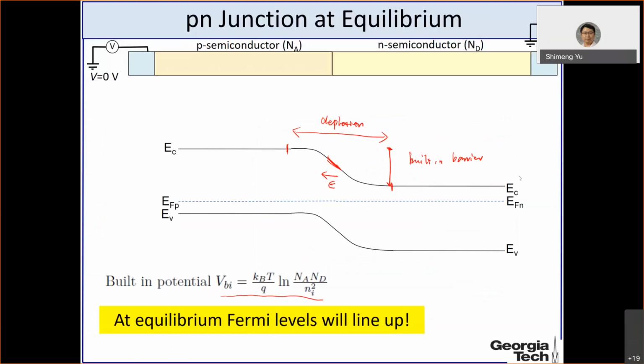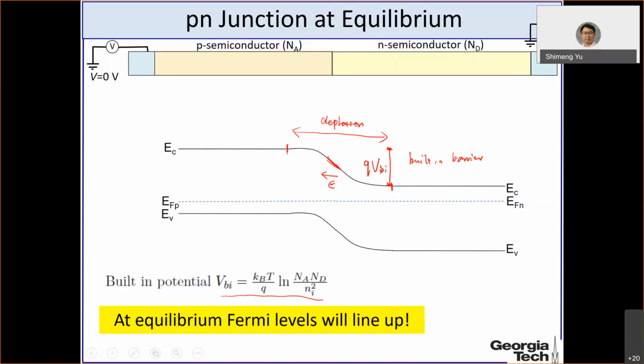All right, so then let's look at how to derive this barrier height. We call this the built-in potential. This is represented in voltage because here we take the Q to the denominator. And if you look at the barrier in the energy band, this is Q VBI.